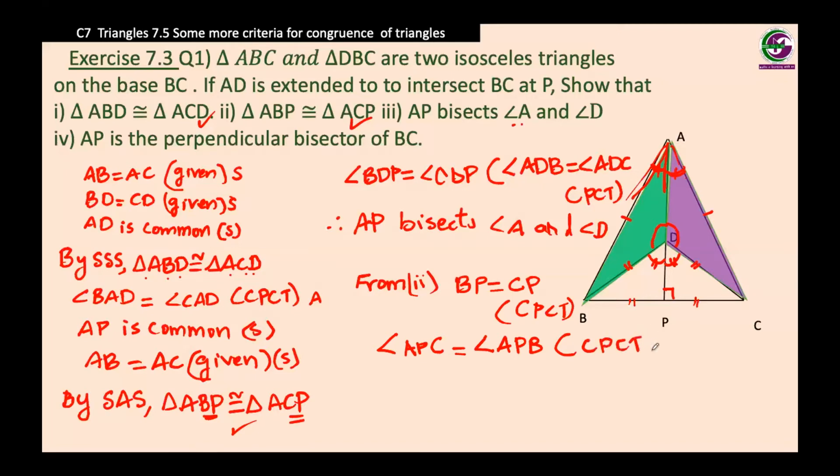And you know, at a point, if two angles are equal, each one is 90 degree. So we prove that AP is the perpendicular bisector of BC.